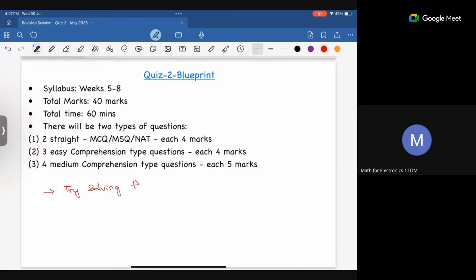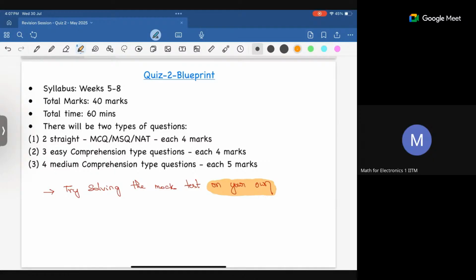try solving the mock test that has been shared with you on your own. Okay, so this is very important because you may get the solutions from your friend and you may learn them by heart, but the problems that you are going to see in quiz 2 will not be taken directly from the mock.